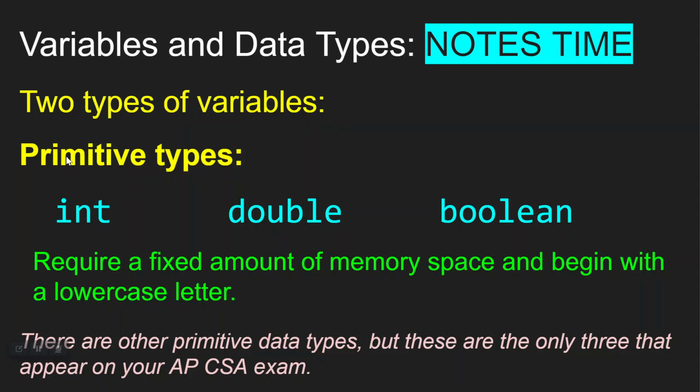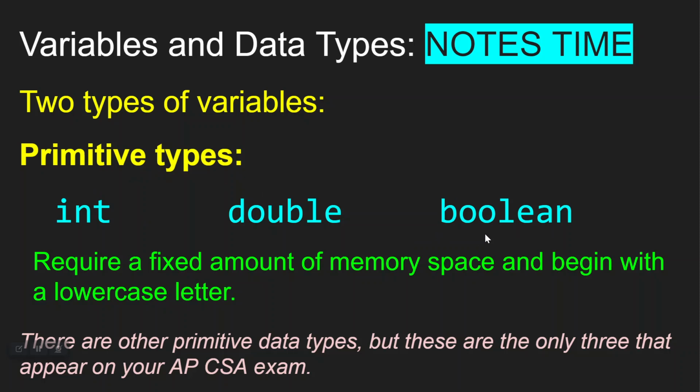What's interesting about primitive data types is they require only a fixed amount of memory space, and they always begin with a lowercase letter. So they're easy to spot because they are always lowercase. You can always tell an int is a primitive and a double is a primitive and a boolean is a primitive because of the lowercase i, d, and b. They also require just a small, fixed amount of memory to store these data types.